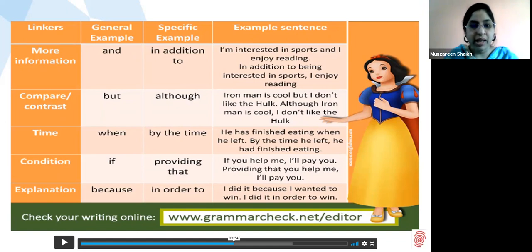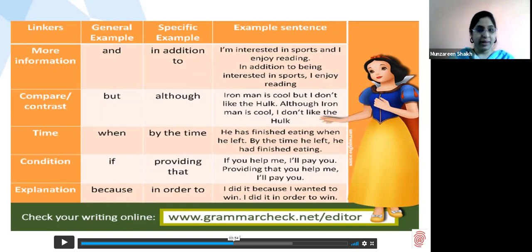Clear? Now let's see the second example, that is if you are comparing or contrasting. Okay, you can use but or you can use although. Let's see an example with but. Iron Man is cool, but I don't like the Hulk.